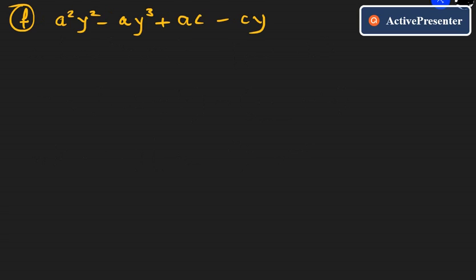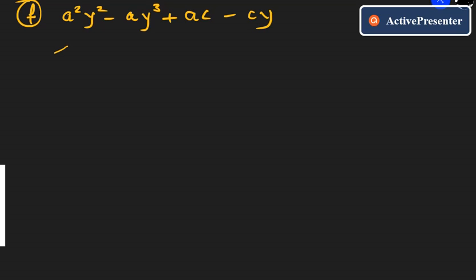If we have a squared y squared minus ay cubed plus ac minus cy, how to factor this? If you look at this one, if you take c away, we would be left with a minus y. Can we be left here with a minus y? Yes. Let's now group according to our first case.